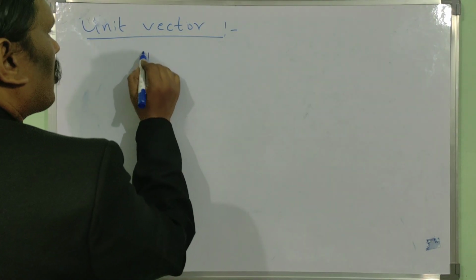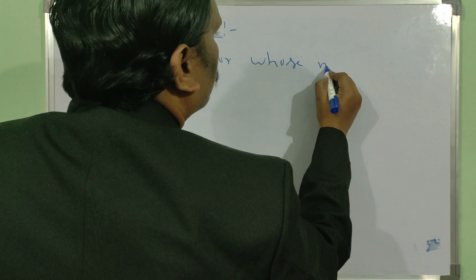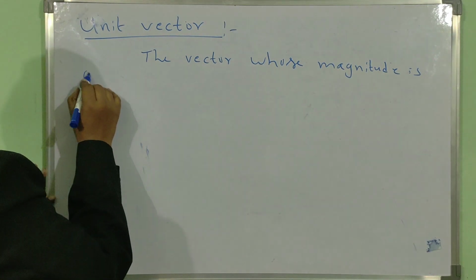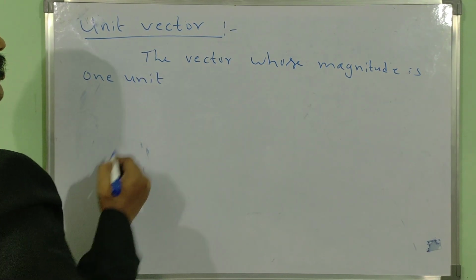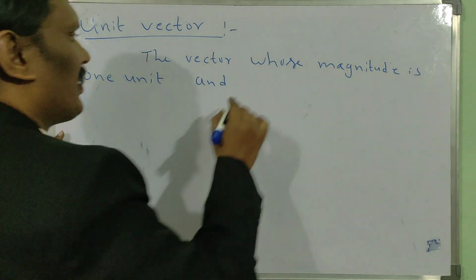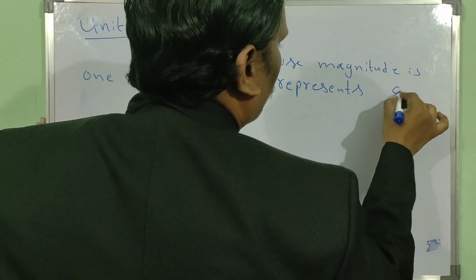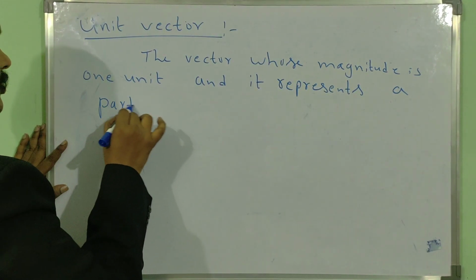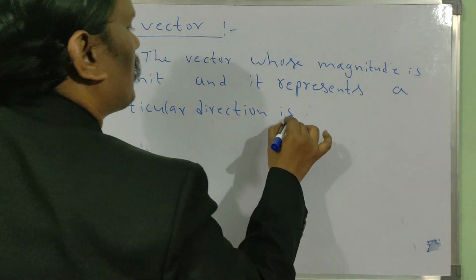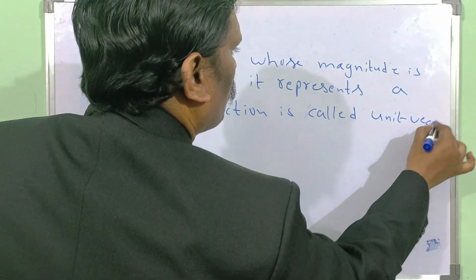So the vector whose magnitude is 1 unit and which represents a particular direction is generally called a unit vector.